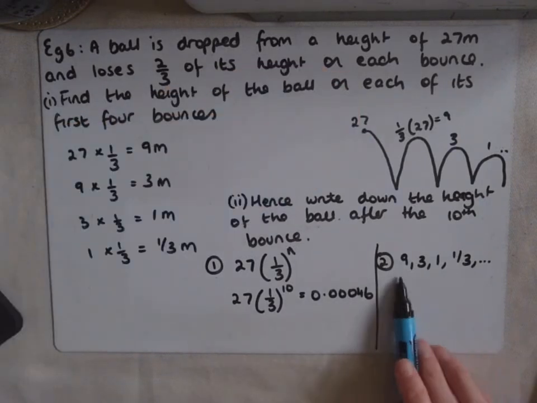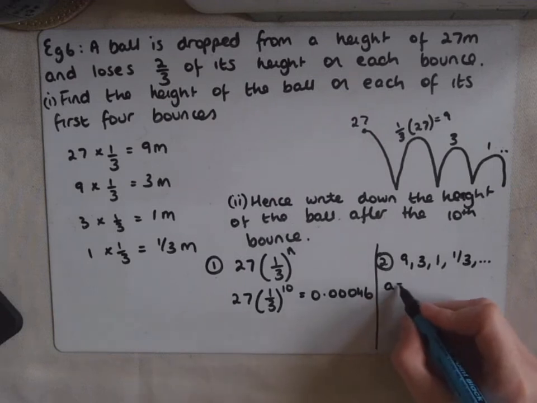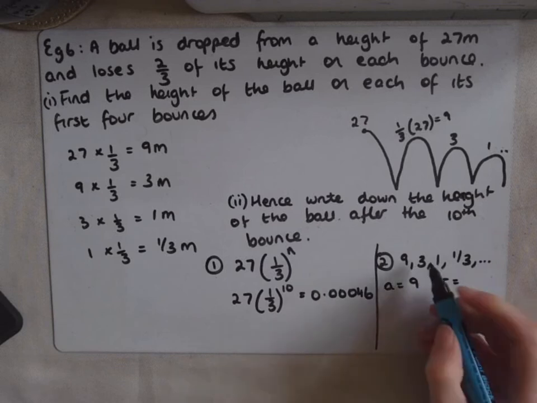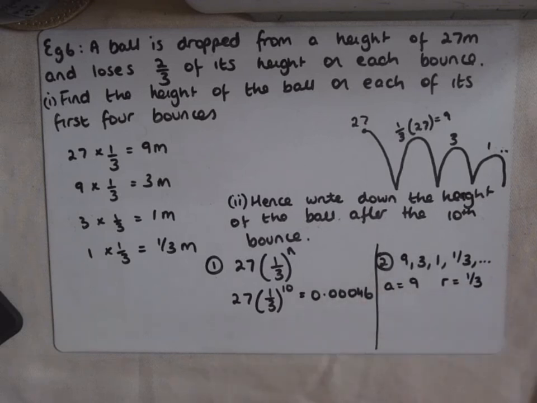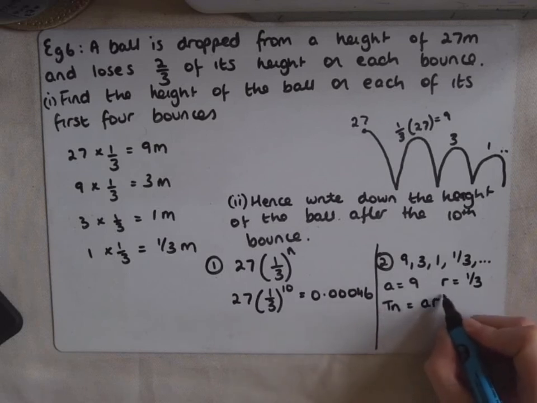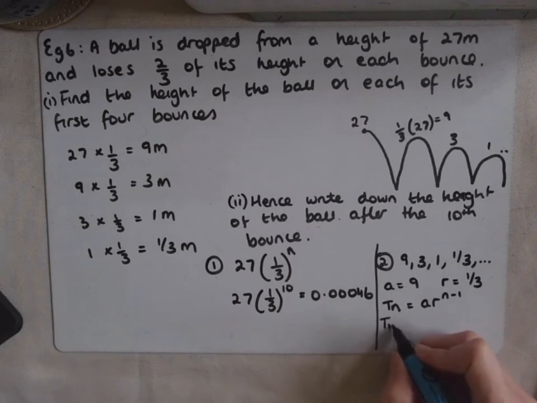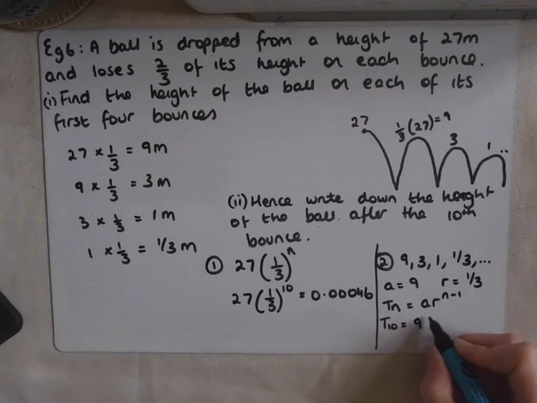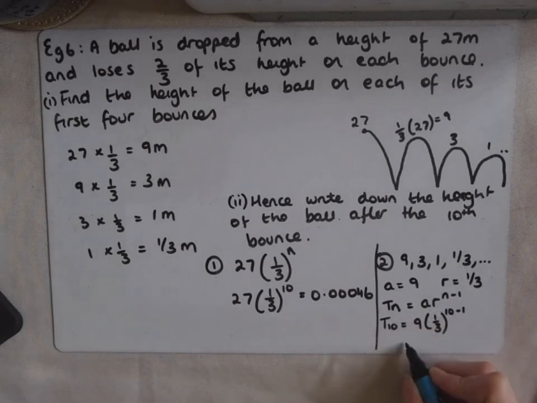Now, if I look at this, this is a geometric series. My A is 9 and my R is 3 over 9, which is a third. Now I can use my formula A R to the power of n minus 1. So T10 would be 9 by a third to the power of 10 minus 1.